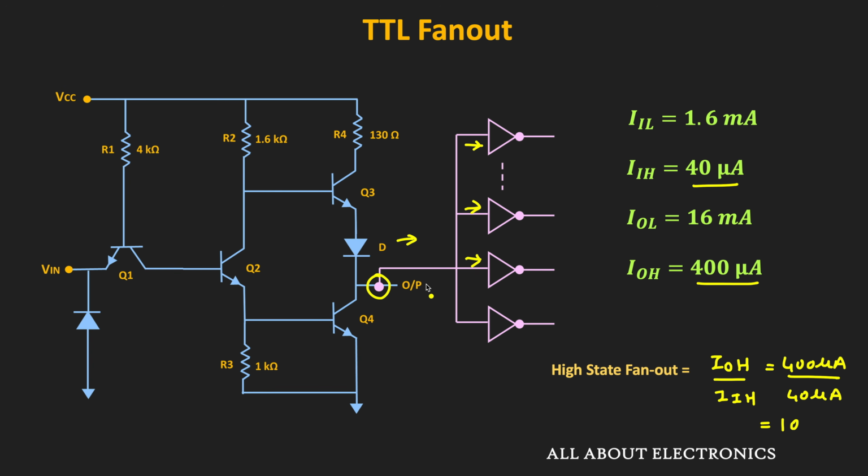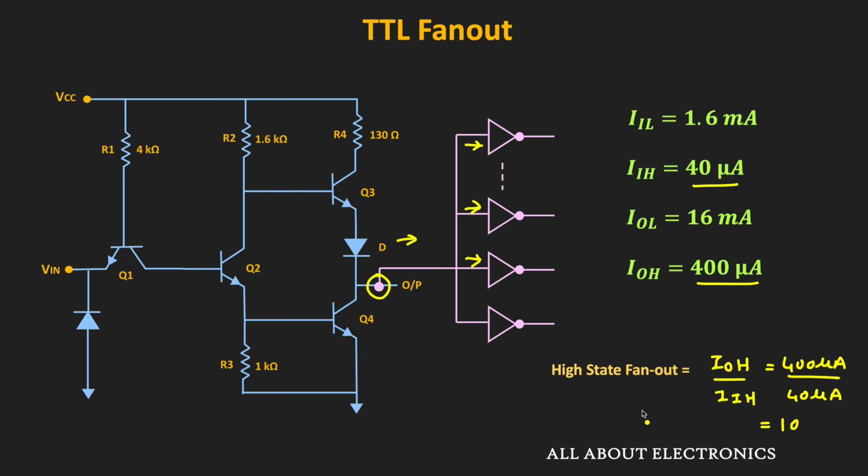So we can say that for the TTL logic, when the output is high, then at the most we can connect 10 output loads. And of course, this is valid when the connected logic gates are also of the TTL logic family. But suppose if we are connecting another type of logic family at the output, then once again we need to check all these values for the other logic family.